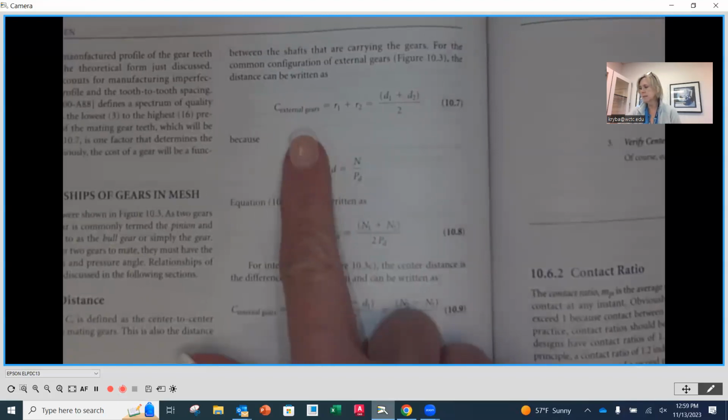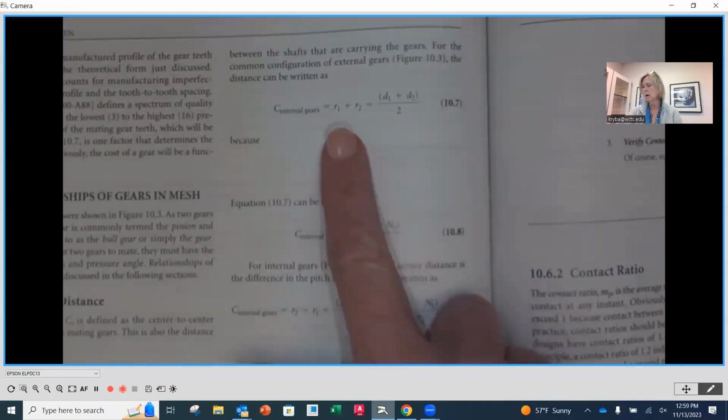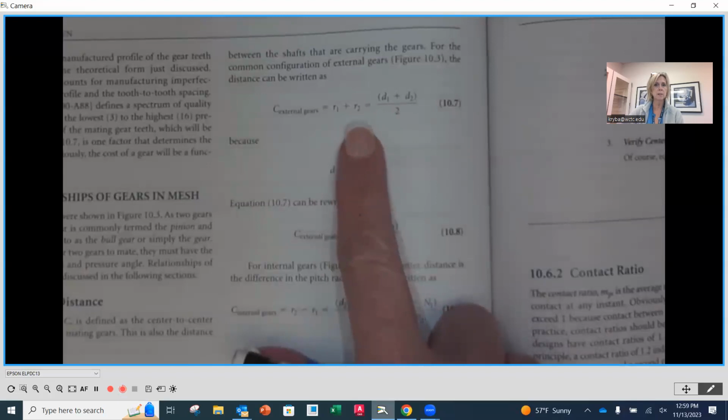Okay, so you'll notice that for external gears, like the regular types of spur gears that we've been looking at, where we have the mesh on the outsides, not internal gears, we're going to take the radius of 1 plus the radius of 2. Number 1 is always going to be our faster rotating gear, the pinion. Okay, and most often it's going to be the smaller of the two that are in mesh. Number 2, R2, is going to be the radius of the gear, which is going to be the larger of the two in mesh.